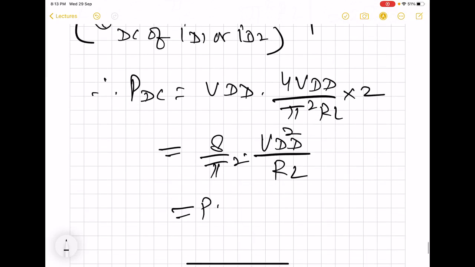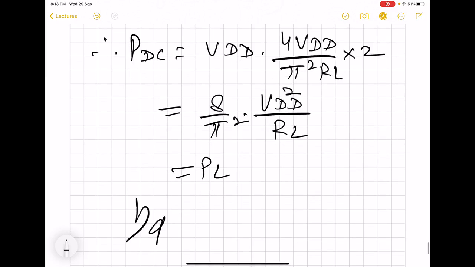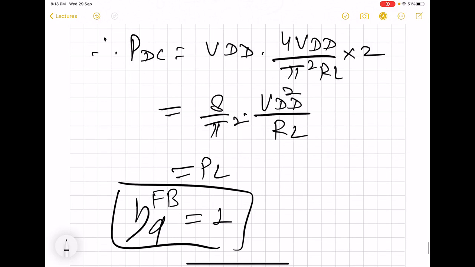And we see that this is equal to the load power. So for the full bridge case also, the drain efficiency is 100%.